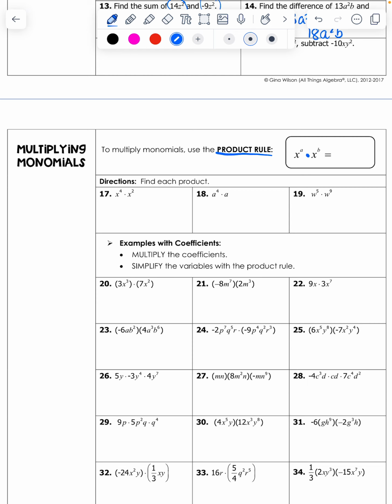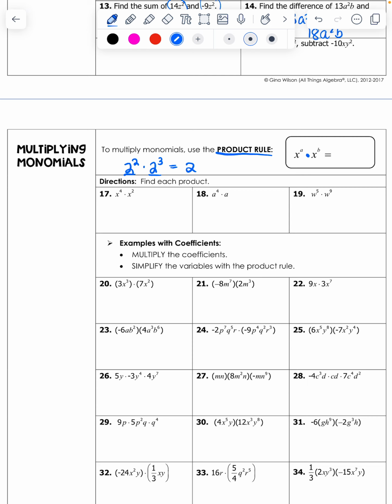But what's weird is when we actually multiply things like, for example, 2 to the second power times 2 to the third power. If we were to use the product rule, we never do this 2 times this 2. We actually just keep the base the same.